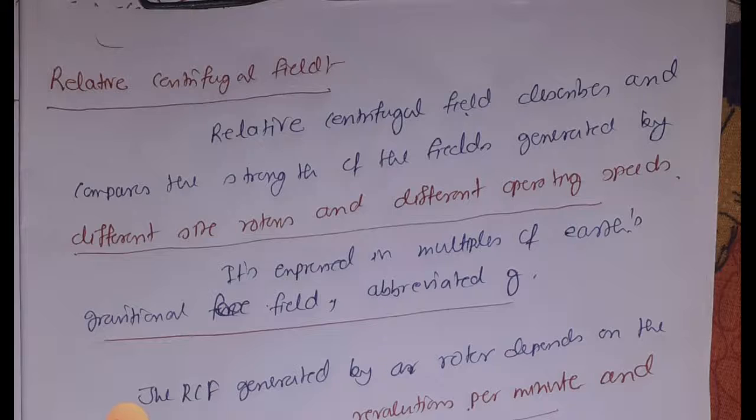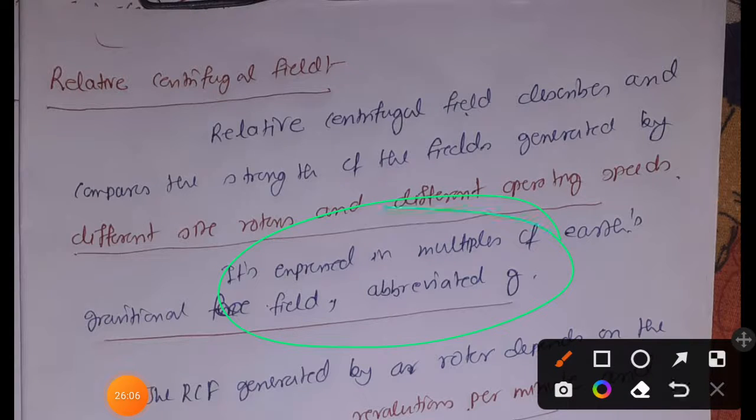I am again explaining, it is nothing but a comparative study of the strength of different centrifugal fields generated by different types of rotors. The size of the rotors is the variable term here, along with the operating speed, and it is abbreviated as multiples of g.